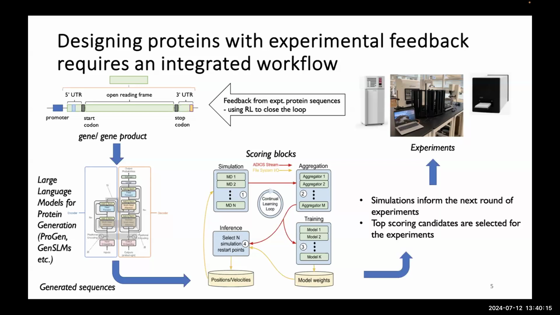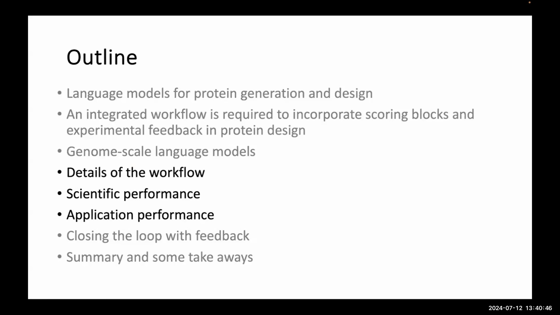And the feedback from the lab is then taken back and used to align or refine the language models further, so that every subsequent iteration, your generated batch is getting closer and closer to the design objective that the user specifies. And it's at the feedback level that we employ RL and preference optimization approaches, which I'll talk about. Okay, so details of the workflow.